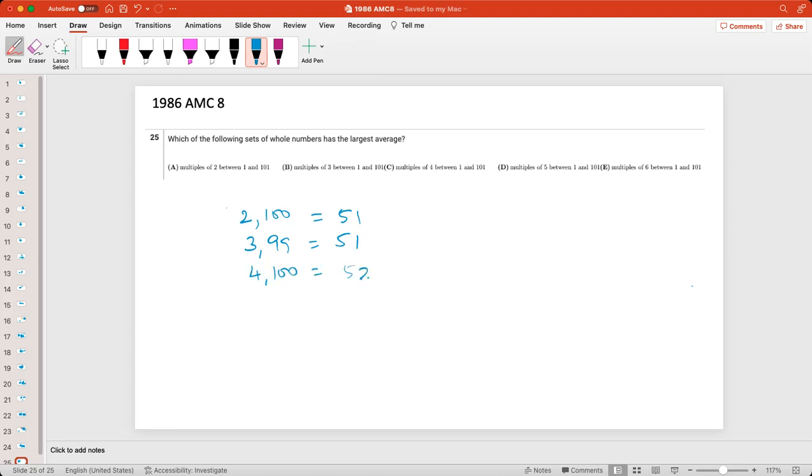So this is 52. Then you have here 5 and 100. So this becomes 52.5. This becomes starting number 6 and ending number 96. So this becomes again 51. So this is your largest average. So your answer option is D.